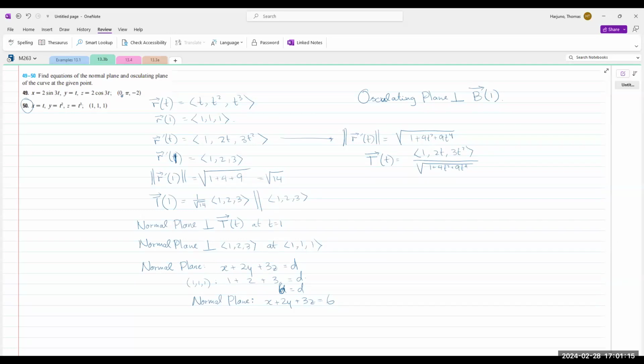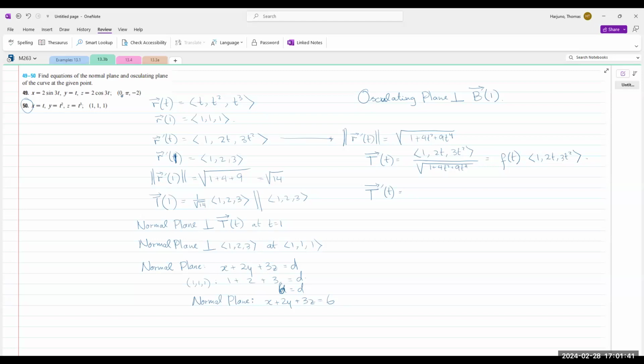Now I need to do the derivative. Then you see how painful this can be. I will see T as a function of t, which is 1 over the denominator times 1, 2t, 3t squared.